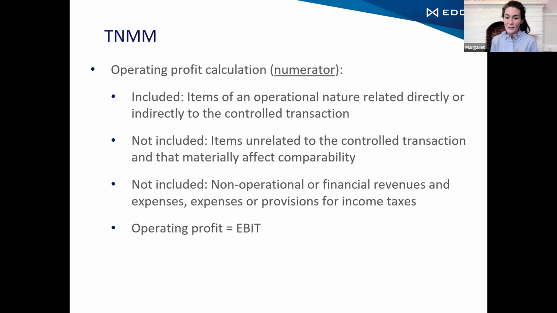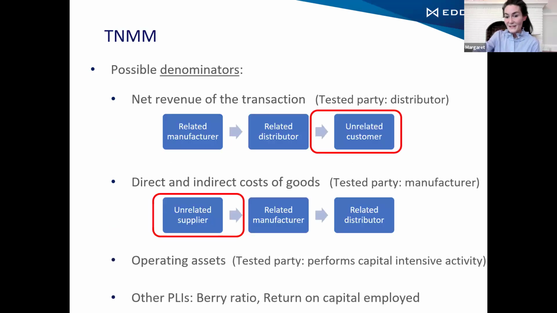It's also not going to include any income taxes that are paid. The numerator is the easy part of the ratio, but it's the denominator that can get you tripped up.